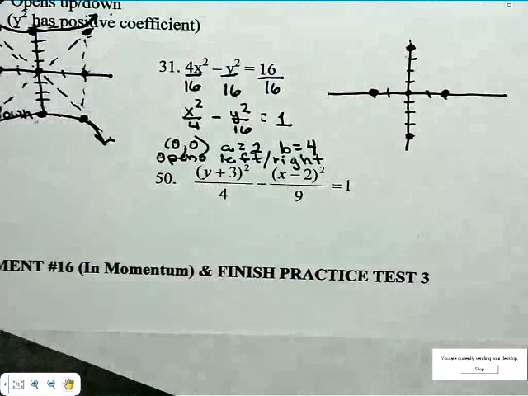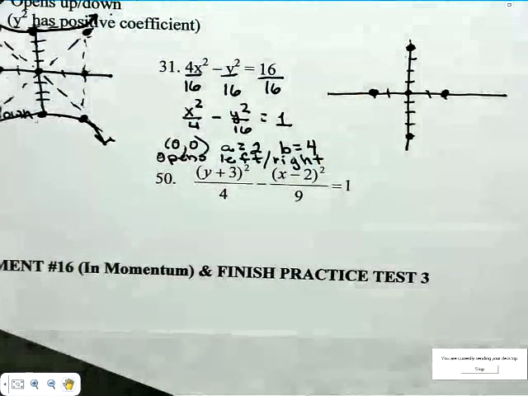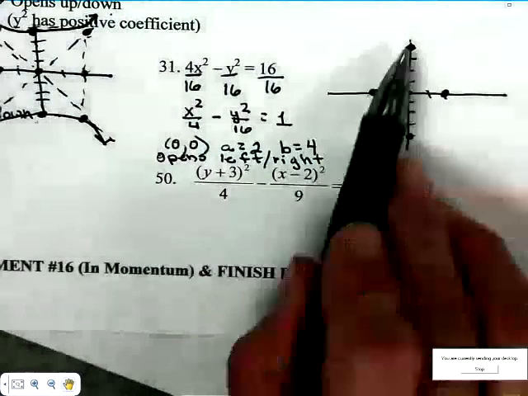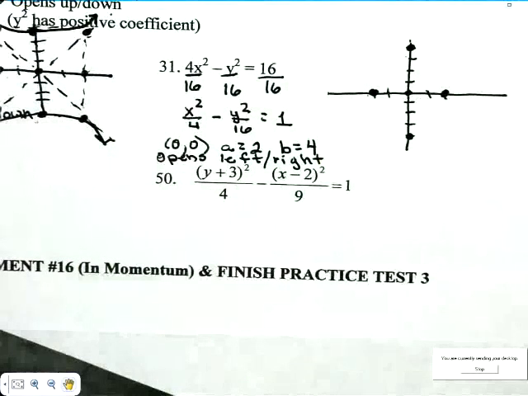I need the corners of the fundamental rectangle. The rectangle that's 4 units wide and 8 units tall and has the center 0, 0. Can you see where those corners would be?